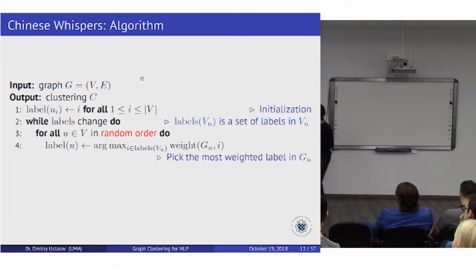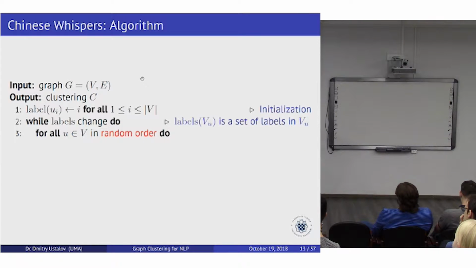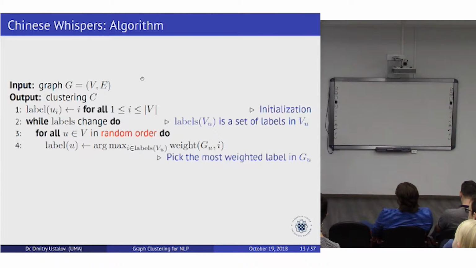And in each internal iteration, in this loop over u, you do a very straightforward operation. You change the label of your node. And to do that, I select, don't be afraid, it's just notation, the most weighted label in the neighborhood of u.